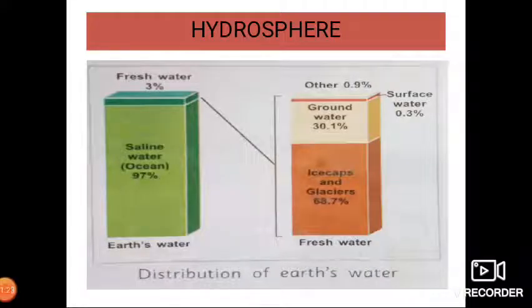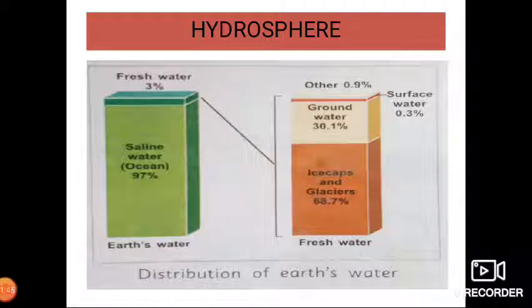Now, how is the water divided into different parts? 97% of the water is in oceans and seas, and only 3% is fresh water for our use.